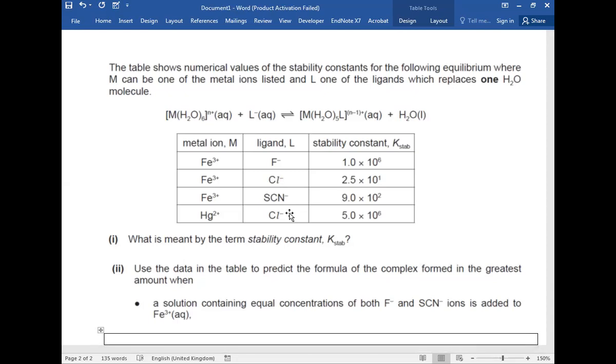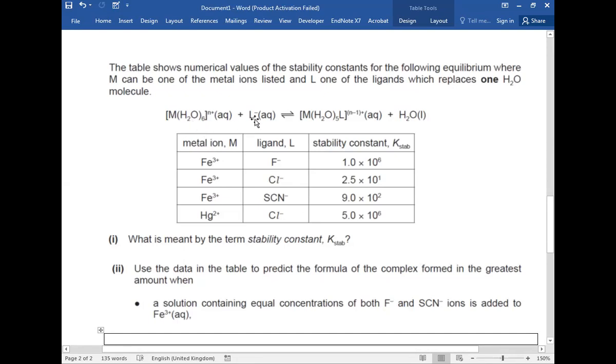Yes, sir. With this particular metal and this particular ligand, this is the stability constant. Is this clear? Yes, sir. So in the first part, the iron existed like this, and we added both fluoride and SCN minus to the iron containing solution.